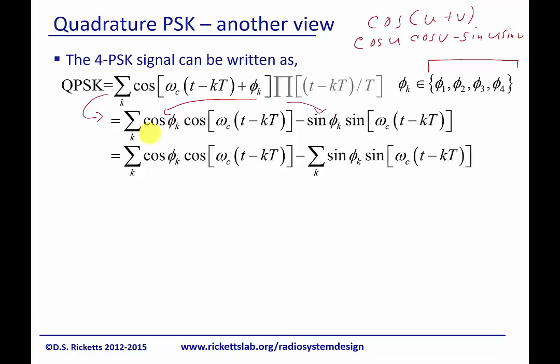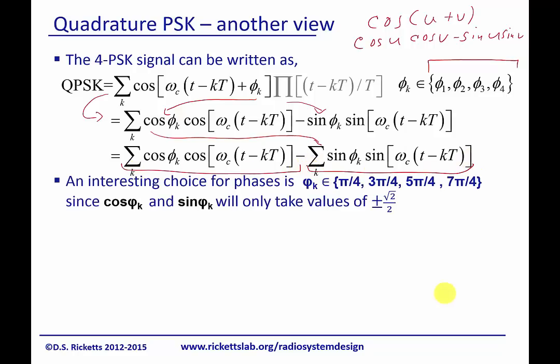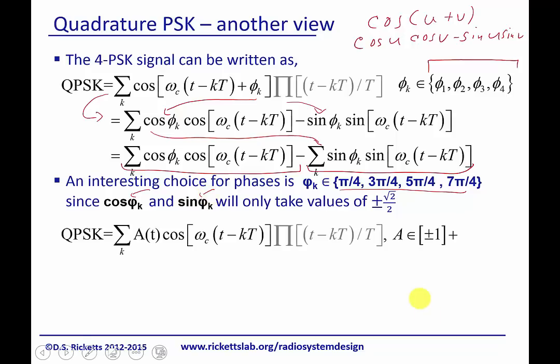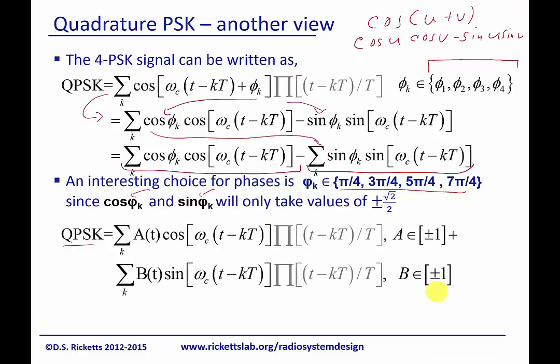And then here we can just move this summation right here, and now we've got 2 signals that are right here. And if you choose these values for your phase, we know what the cosine phi of k will be and sine phi of k will be for each. And then we can actually write QPSK as this top version and this bottom version.